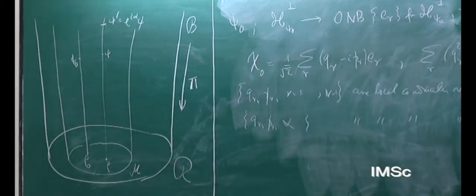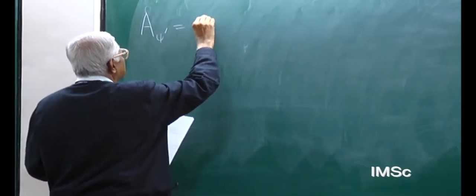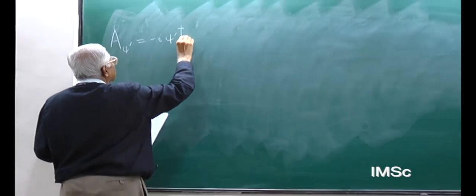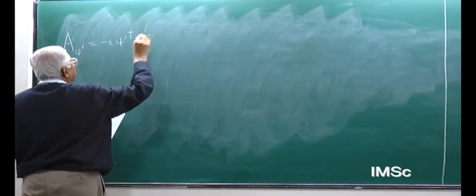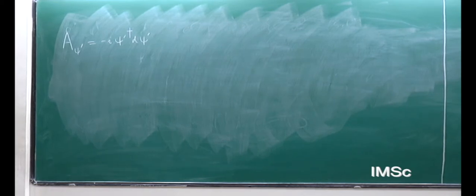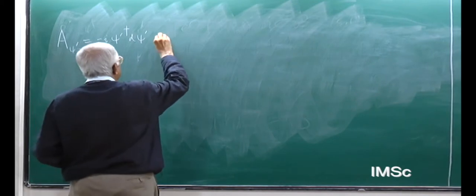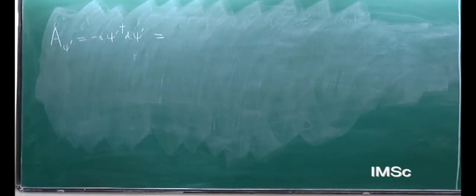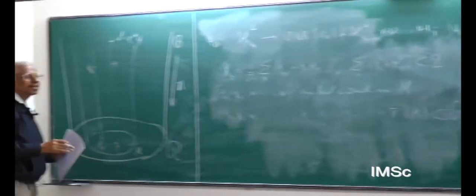Partly what I'm writing is somewhat formal, but we can actually compute things more explicitly also. This is the expression for the one form A at any general point in this neighborhood of script B. And remember, psi prime is e to the power i alpha times psi.